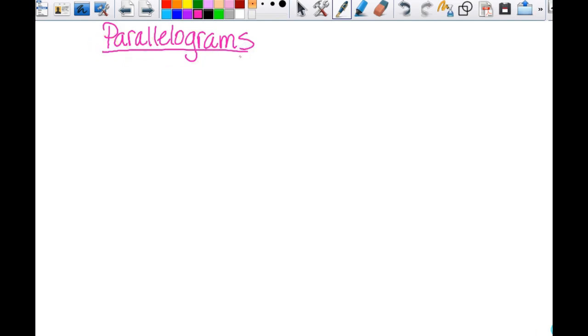So somebody from this table, give me something that you know. Okay, opposite sides are congruent. All right, somebody from this table, give me something. It's a quadrilateral. Okay. Somebody from that table, give me something about a parallelogram.